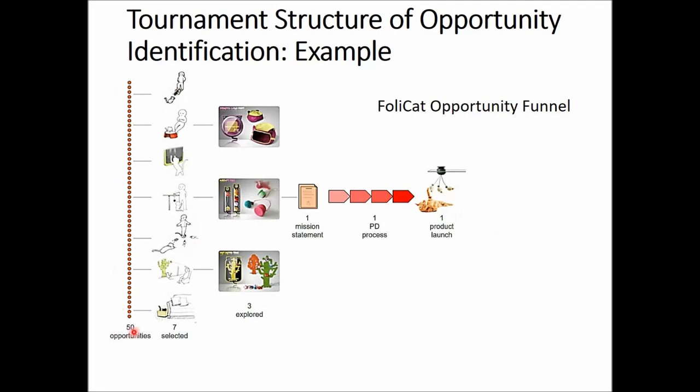They initially looked at about 50 opportunities, and out of them they selected about seven opportunities for further investigation, and from that they explored three opportunities, and then based on that they came up with the mission statement, and the mission statement is the input to the product development process, and accordingly they came up with a final product at the end of the product development process.